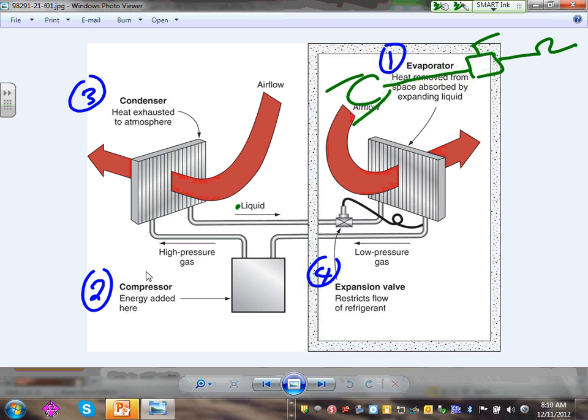So you have this fan, the blower. The blower blows the air right through these coils. When the air goes through the coils, it picks up the heat from the air, right? The refrigerant is capable of collecting the heat from the air. So when it collects the heat from the air, from the other end, what do you get? Cold air. And that's what you're looking for, cold air.